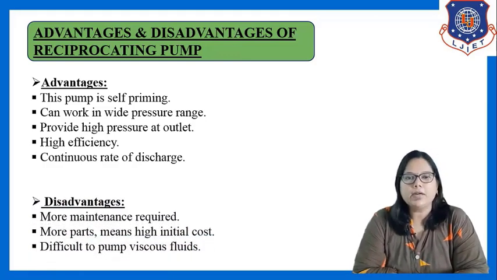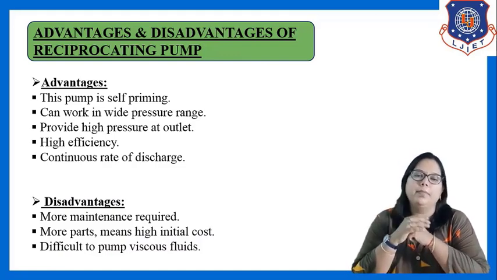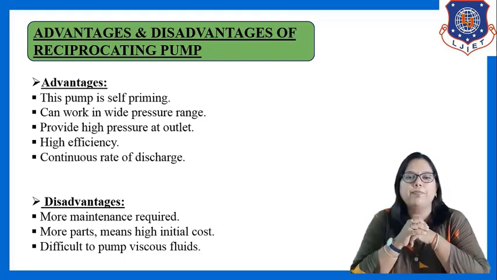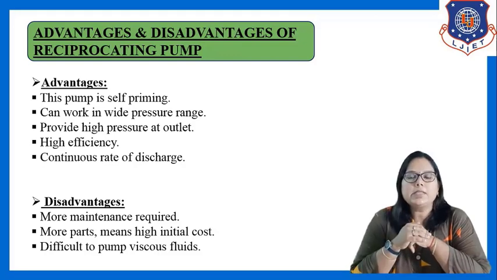Let us see the disadvantages of reciprocating pump. Reciprocating pump requires more maintenance, as it includes more moving parts. So it requires more maintenance compared to centrifugal pump. Next, more parts means high initial cost.